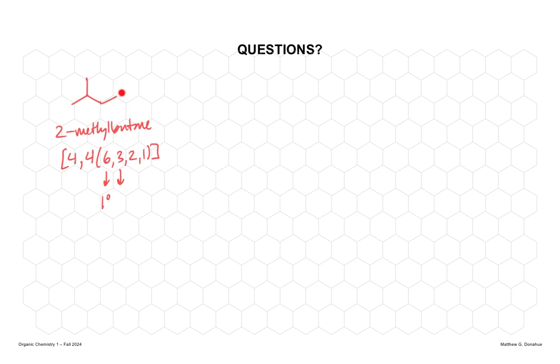These 3 here, that methyl group, those are also primary. The 2, that's a methylene group, those are secondary. And then finally the 1 there, the methine, that's tertiary.